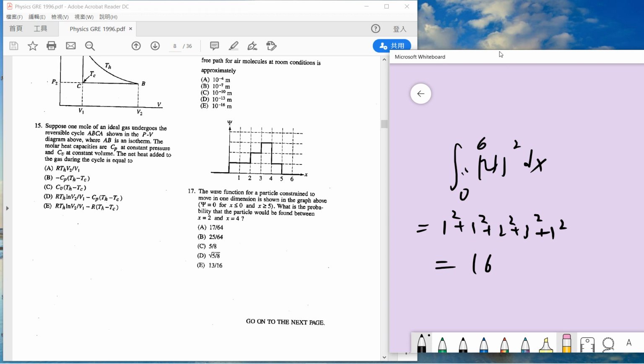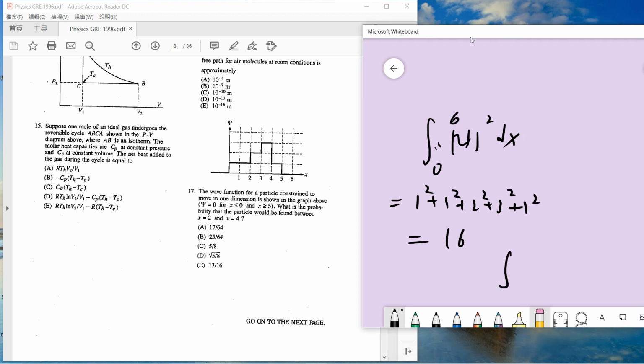And the fraction from 2 to 4 is 2 squared plus 3 squared. So the fraction of this divided by this is 13 over 16. So the answer is E.